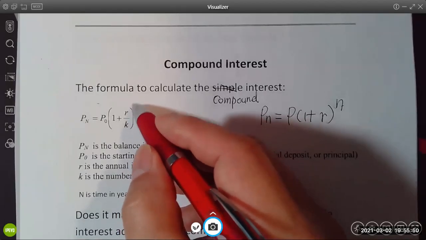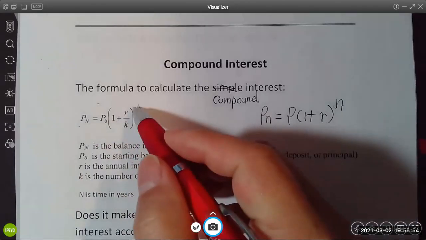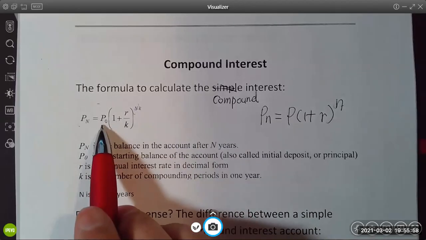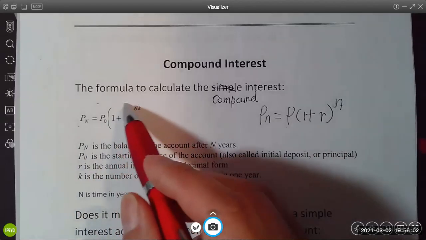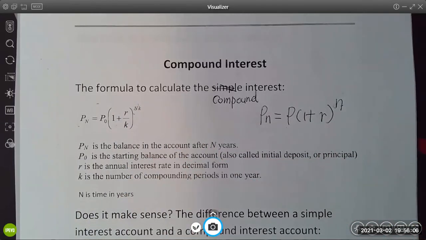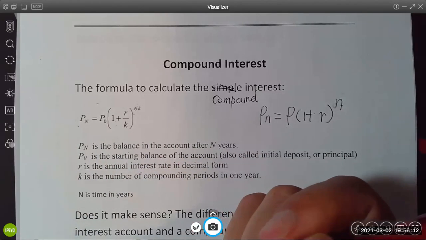It's also the input, and this is the output. So the input is in the exponent, the output is here, and this is the initial value. You have a number inside parentheses. In other words, the basic structure is the same. So compound interest is growing exponentially.